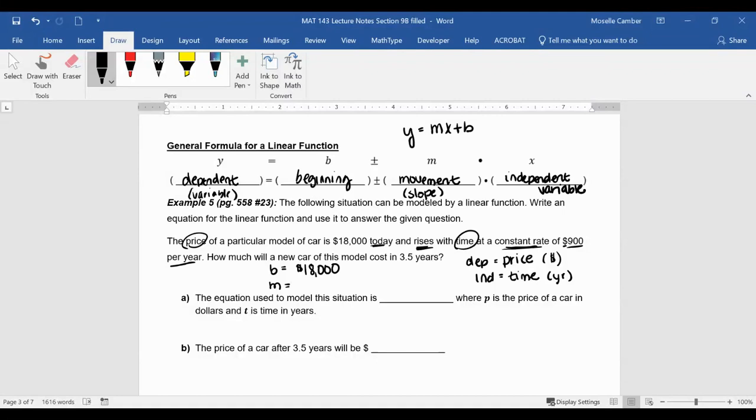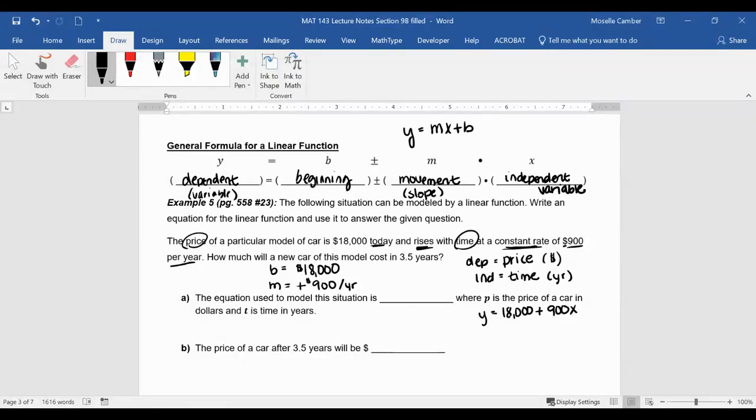Because it's rising, it's going to be a positive $900 per year. Putting it into my equation, I would have y equals 18,000 plus 900x. So we start at 18,000, and then for each year I add $900.